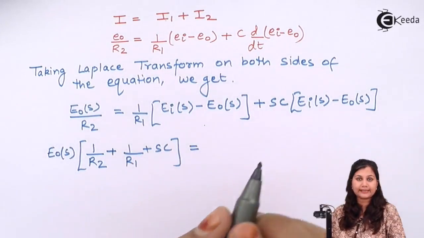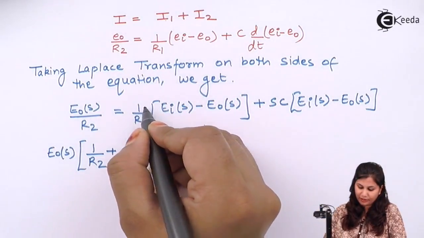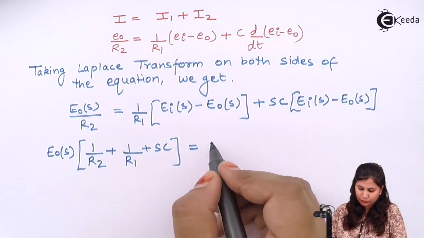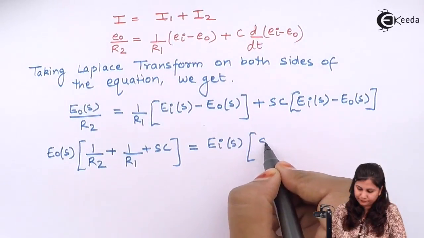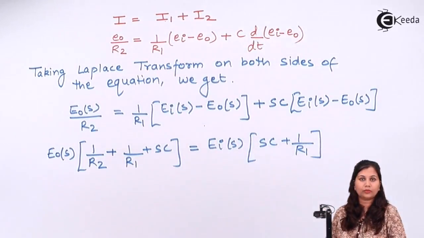Similarly, on the right hand side we have the coefficients of EI(S): 1 upon R1 EI(S) plus SC EI(S), so EI(S) times SC plus 1 upon R1.